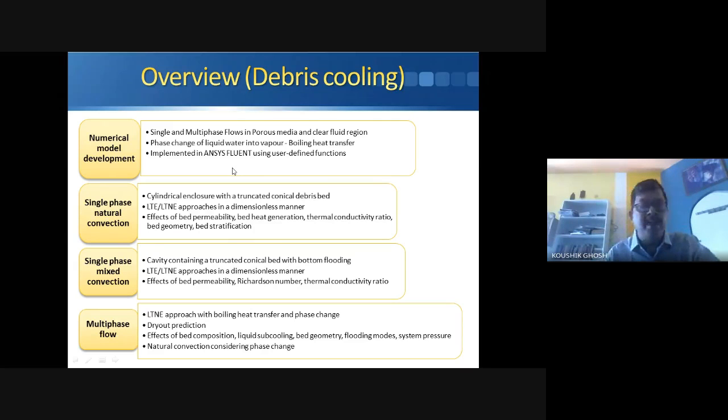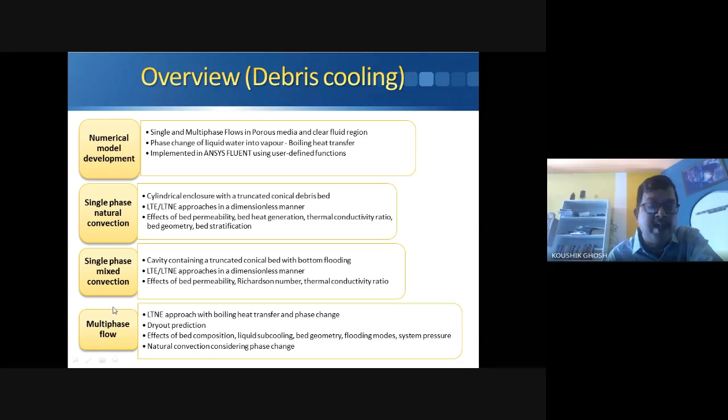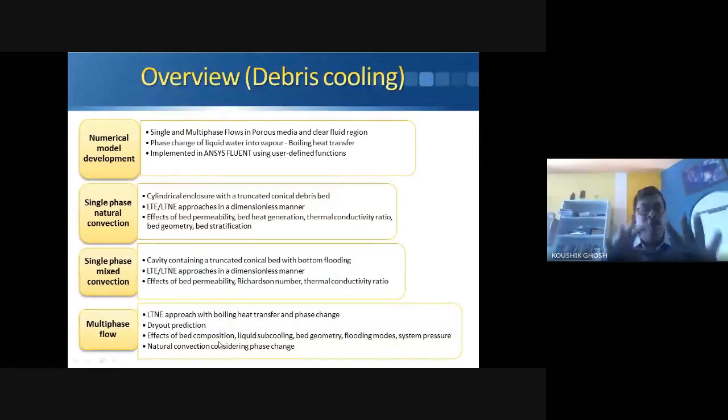To achieve this, he first solved single phase natural convection, single phase mixed convection, and the multi-phase flow, with liquid-vapor dry out prediction, and the effect of bed composition, how the particle diameters influence, how the bed porosity influences, how the bed structure influences, how the liquid subcooling influences the dry out heat flux and the remelting issue, and the flooding mode and system pressure.